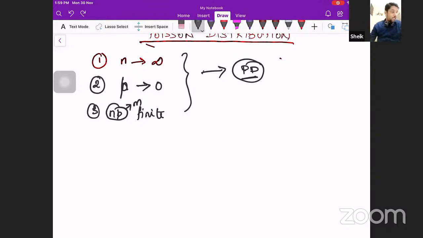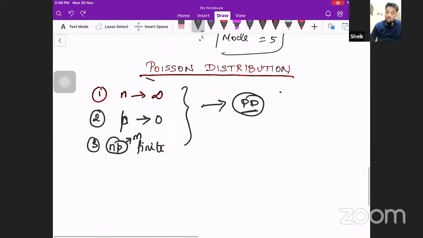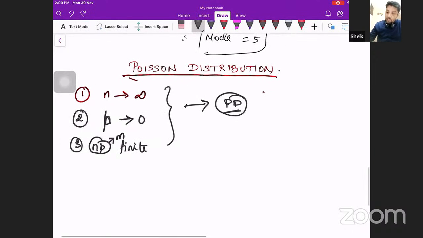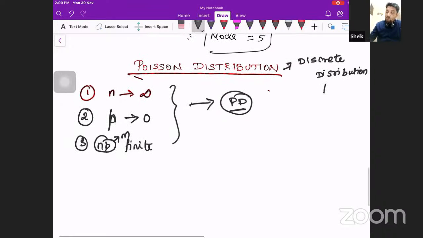Now, Poisson distribution is also a discrete distribution. Hence, it has a probability mass function.